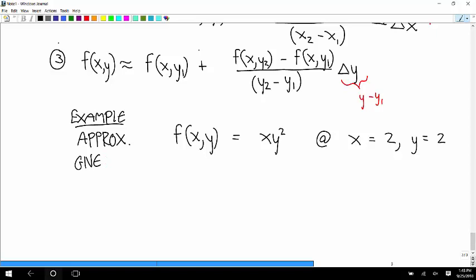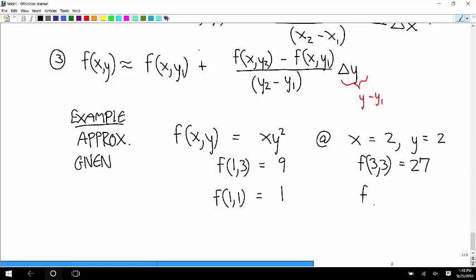Okay, so all the stuff we're given, we have f of 1, 3 is 9. F of 3, 3 is 27. F of 1, 1 is 1. And f of 3, 1 is 3.